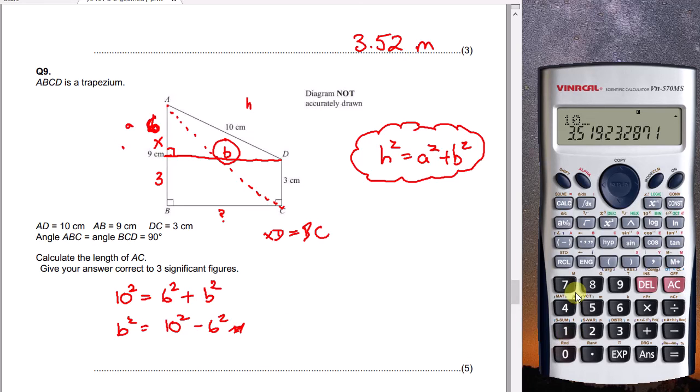So 10 squared minus 6 squared, because we've taken the 6 to the other side. That's 64. So my B is the square root of 64, which is 8 centimetres.